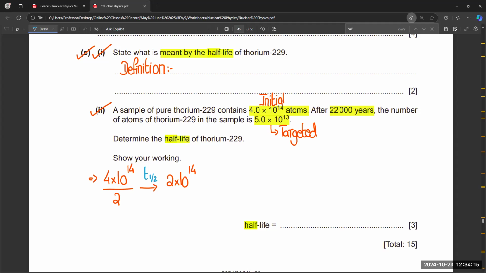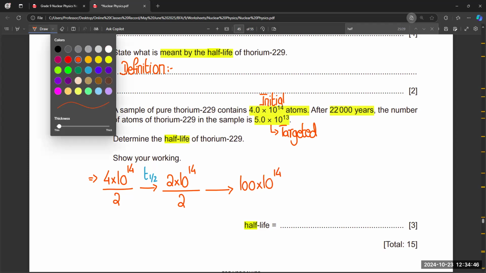So after the first half-life, you got the value 2 exponent 14. Now you can see your first half-life and targeted value are not the same. So you can perform another half-life. We perform the second half-life, divide the same value by 2. You will get 100. This is your second half-life.